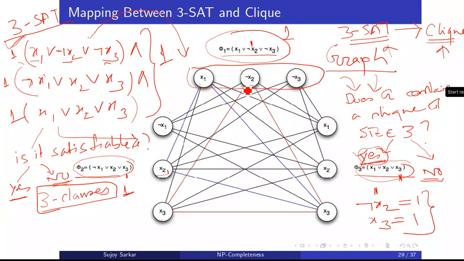So we make sure that if not x2 is picked, we will not pick x2. In the same way, whatever vertices we pick for the clique, we can uniquely assign them 1, because there is no contradiction, no complement present. That means every clause has at least one literal as 1, so every clause becomes true, and the formula also becomes true. So this is the reduction of the 3-SAT problem into the clique problem.